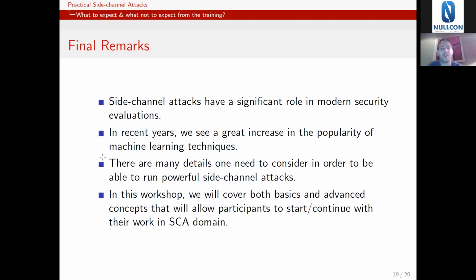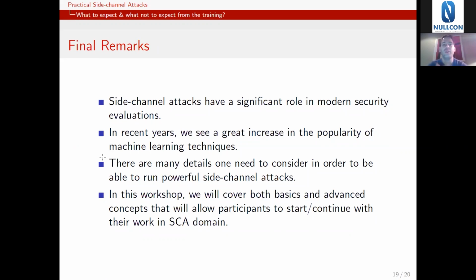So some final remarks. As already said, well, side channel attacks have a significant role in modern security evaluation. So actually, we will talk about it, and you will hear about how many modern labs, actually security evaluation labs, certification labs, need to have a proper side channel analysis of various devices, of smart cards, of various equipment, and only if those devices are resilient to some level against side channel attacks, those devices can be actually used in the real world.